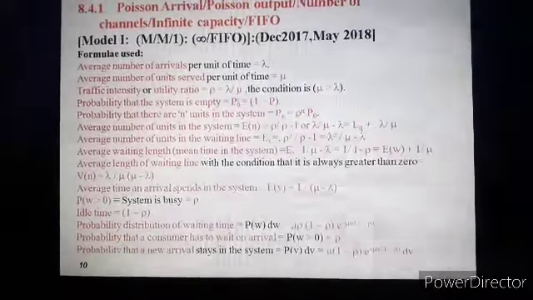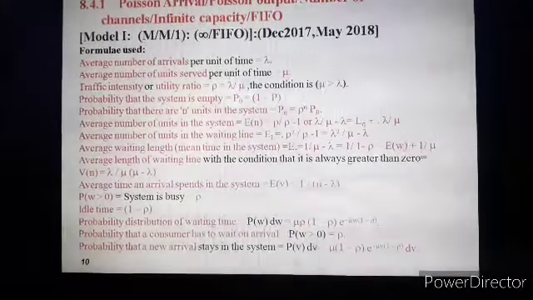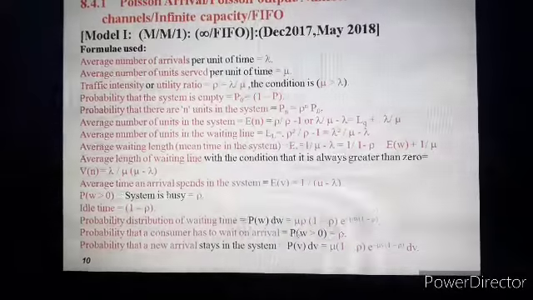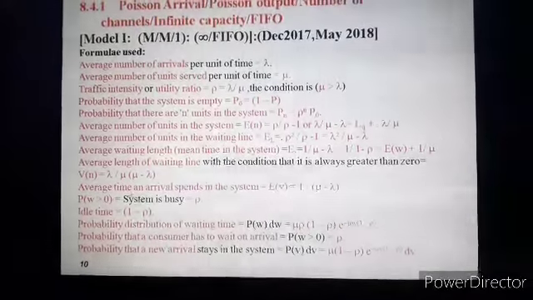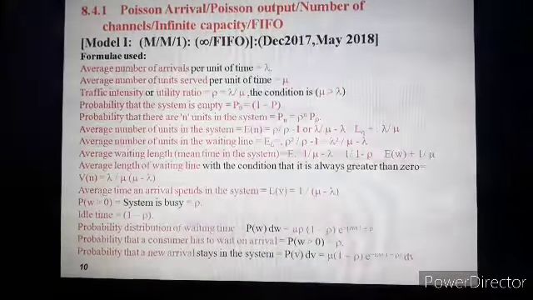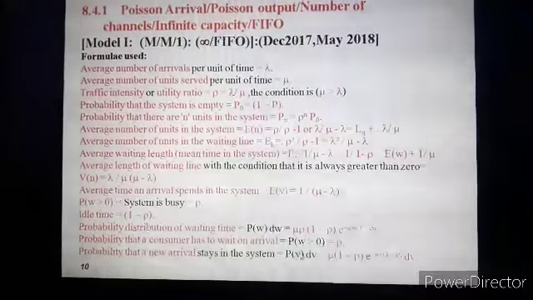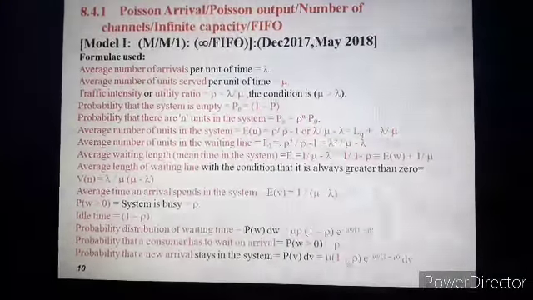Then the probability that the consumer has to wait on arrival, that is PW greater than 0, is always equal to rho, as per this definition. And finally, the probability that a new arrival stays in the system is P of V dV. Again, these are the probability distributions defined in terms of integral terms.